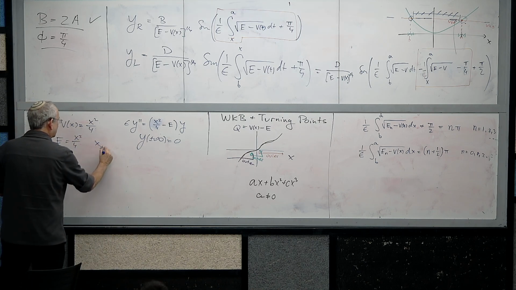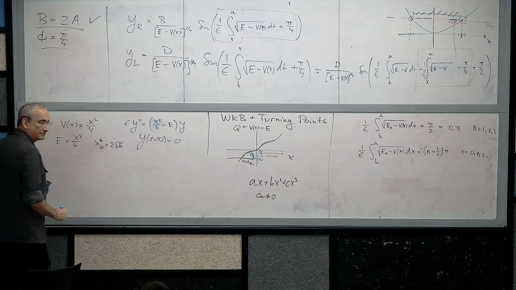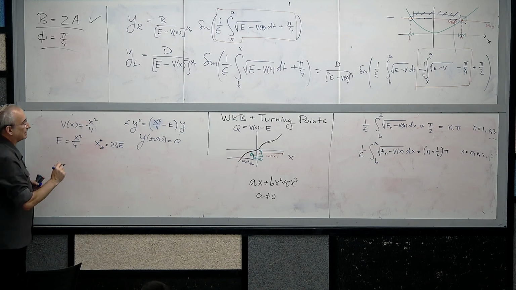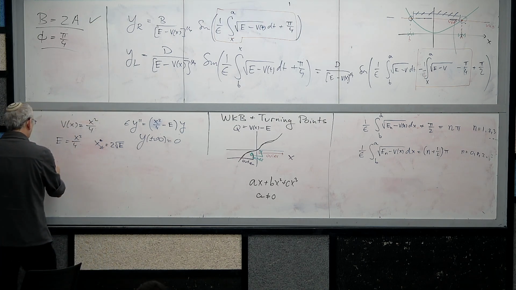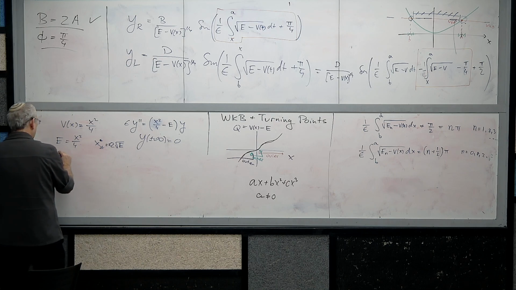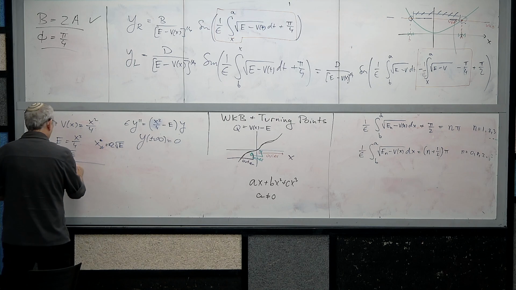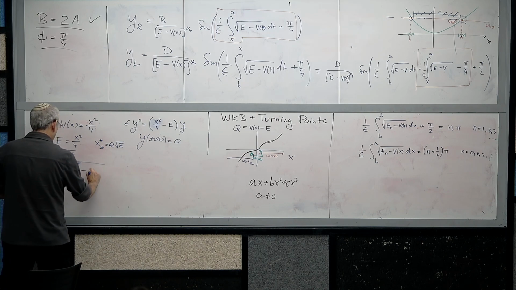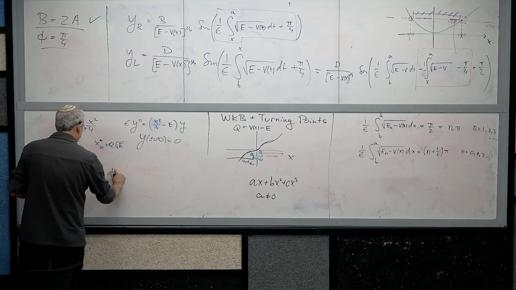So the turning points, x plus minus star, are plus minus 2 square root of E. So this integral is now 1 over epsilon, from minus 2 square root of E up to plus 2 square root of E, of the square root of E minus x squared over 4 dx.